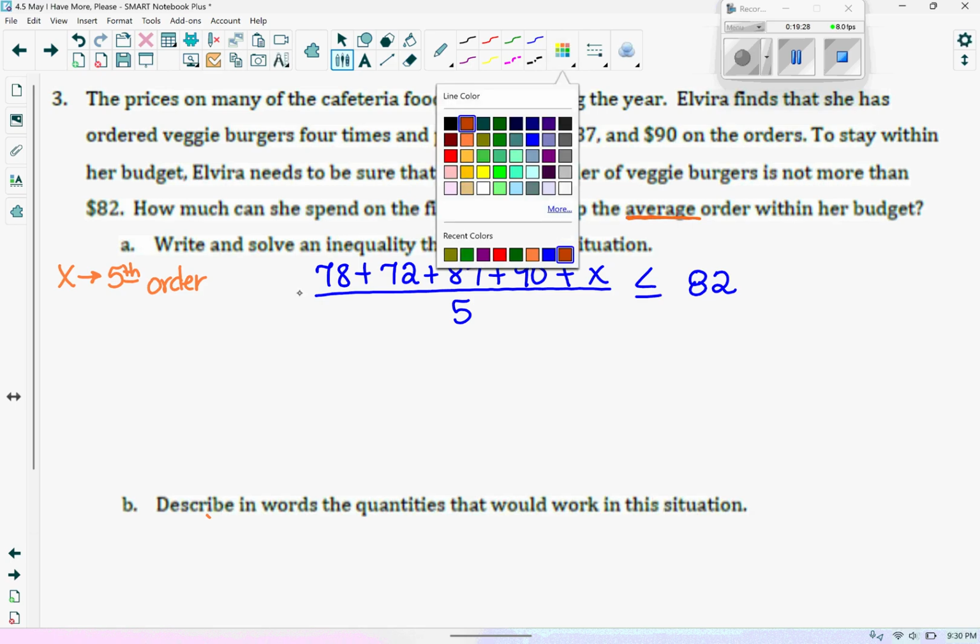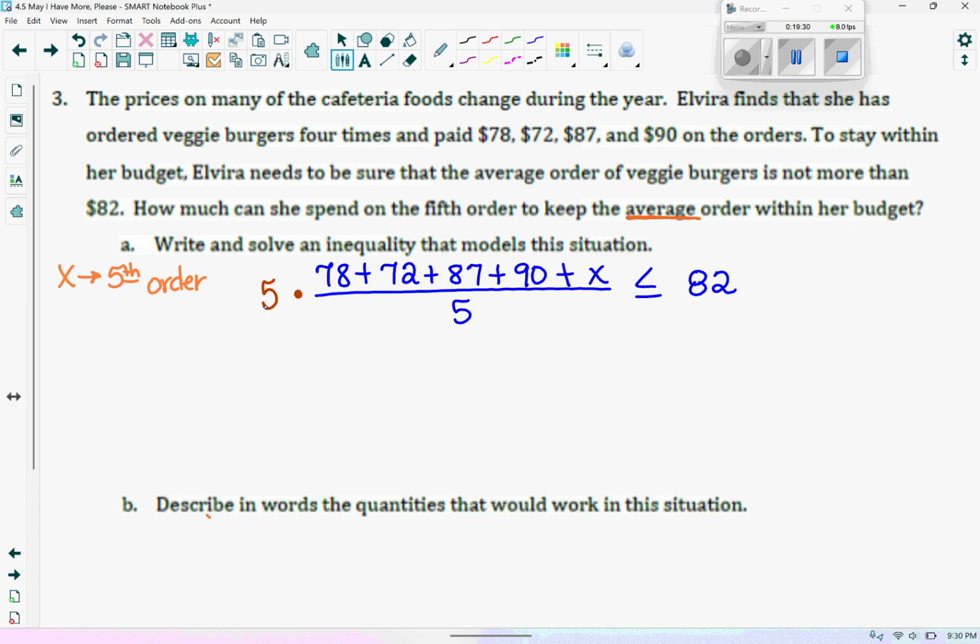So what I'm going to do is I'm going to multiply both sides by 5. But at the same time, I'm going to go ahead and add my numbers in the numerator. Excuse me, 78 plus 72 plus 87 plus 90 gives me 327 plus x is less than or equal to 82 times 5 is $410.